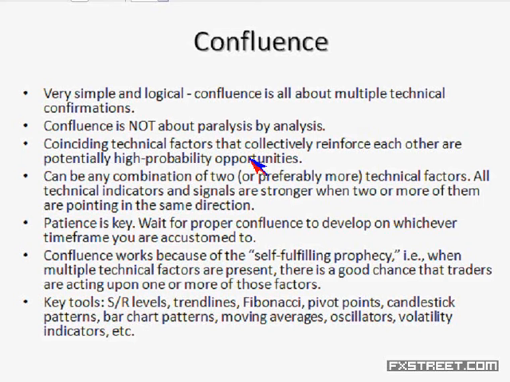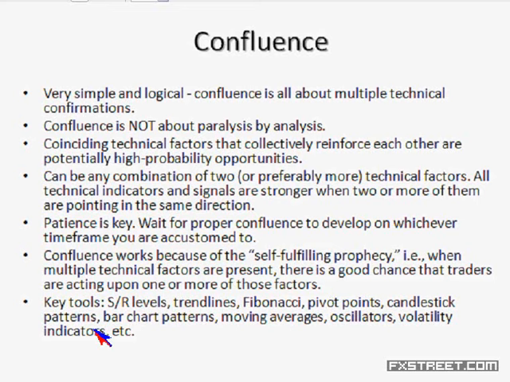So coinciding technical factors that collectively reinforce each other are potentially high probability opportunities, and that's one of my key philosophies for trading. When you have many factors telling you that this is the direction it looks like it's going, then you're going to have a higher probability, stronger directional bias. So it can be any combination of two or more technical factors. Patience is key.